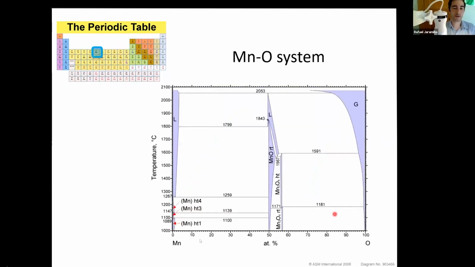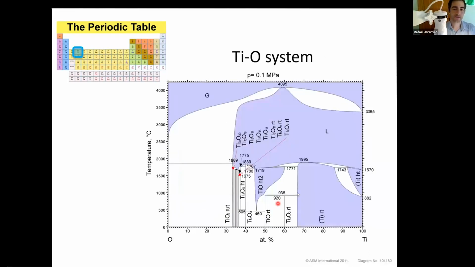Here are more examples. This is a little counterexample. This is manganese. Manganese actually does dissolve some oxygen. You see it dissolves 1 or 2% of oxygen. So maybe the activity of manganese should be not quite 1, right? Maybe it should be 0.99. And manganese oxides, similarly, are not quite line compounds. They have some solid solution region. So that's sort of a counterexample. Another example, a titanium-oxygen system.